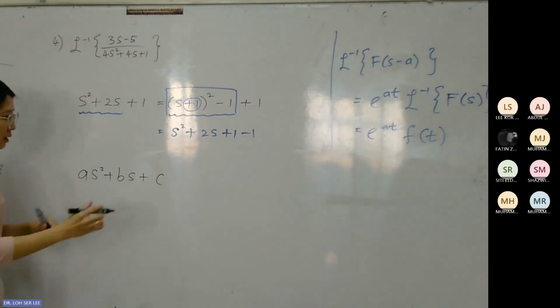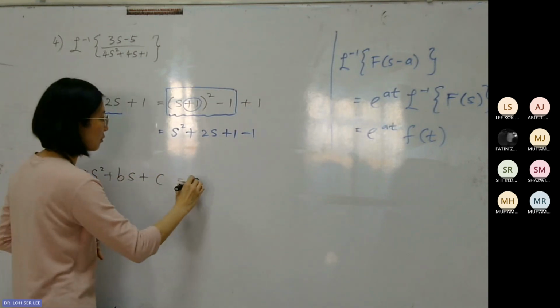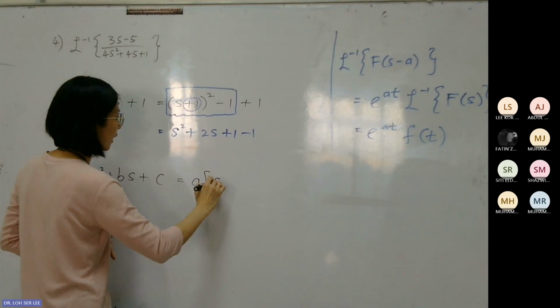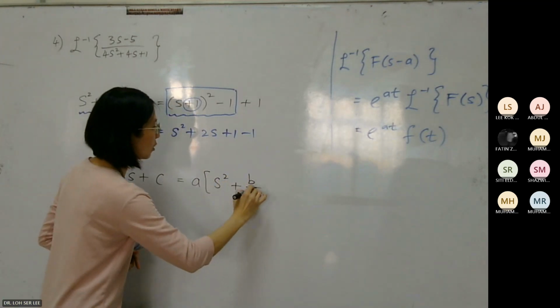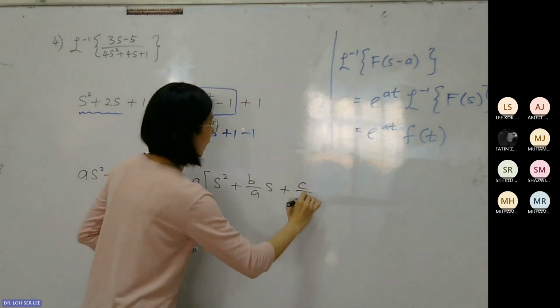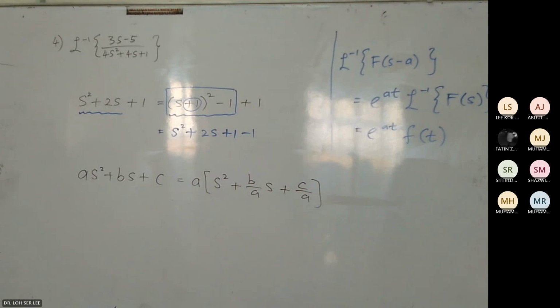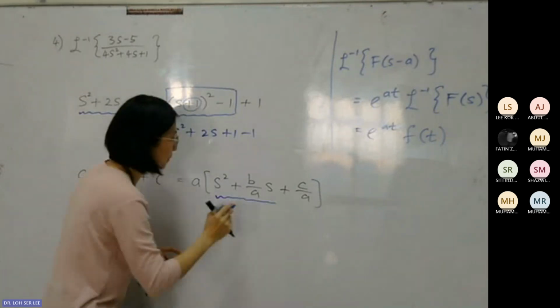But if the coefficient of your s squared is not 1, then you have to do the factorization first. You factorize the a first. So you have s squared plus b over a s plus c over a, correct? When we factorize the a, we get this one. Then we start to complete the square for this term.